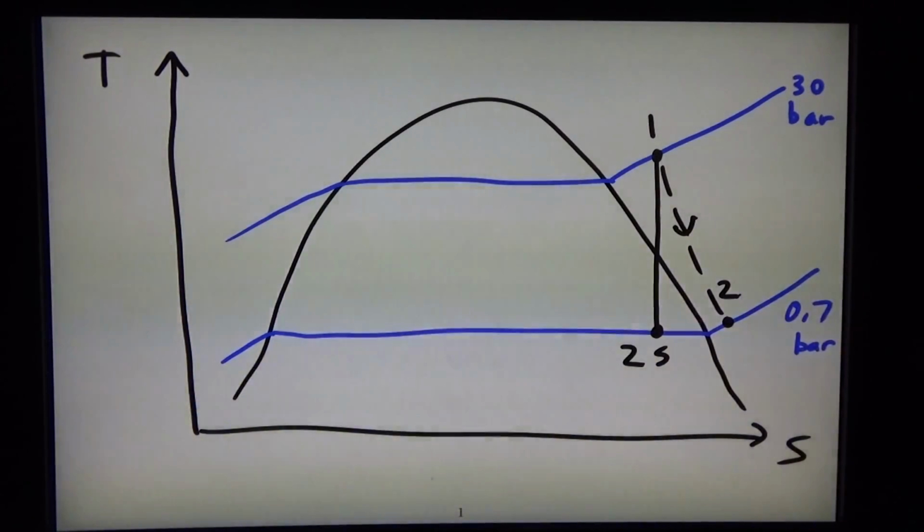For T1, we can label that temperature 400 degrees Celsius. So in this problem, we're looking at isentropic efficiency of a turbine, comparing an actual turbine to the isentropic turbine. Remember, the isentropic turbine is the hypothetical maximum work that could be produced out of that turbine under the operating conditions.